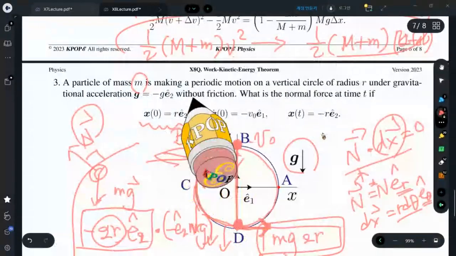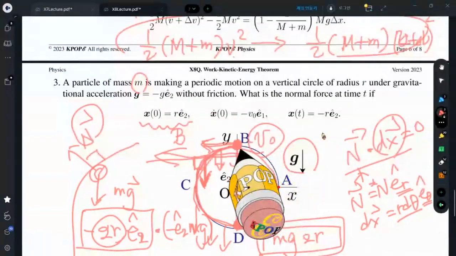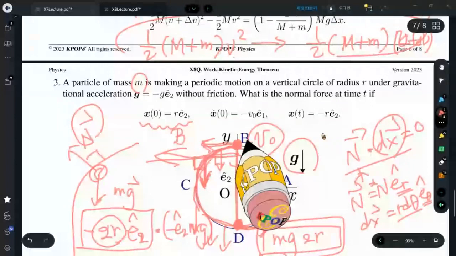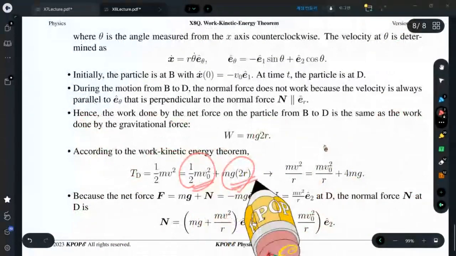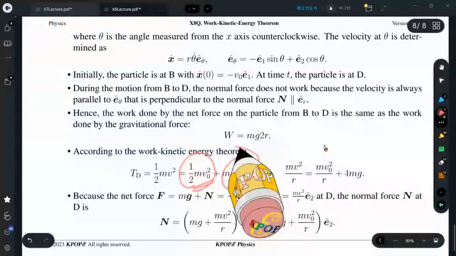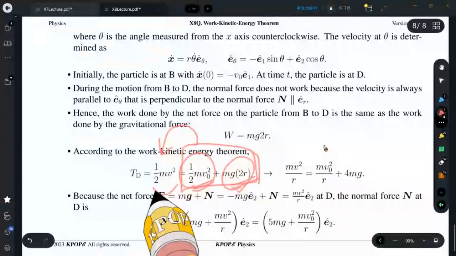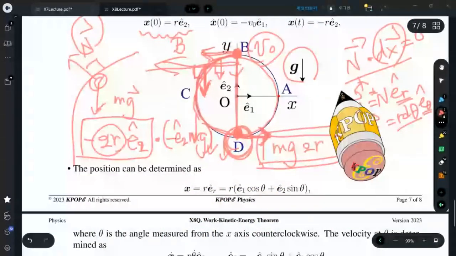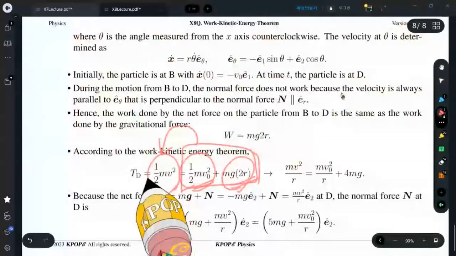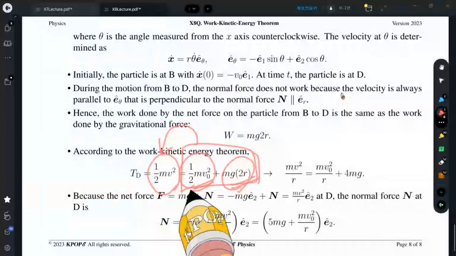Your original kinetic energy is from the speed of this particle at the initial position B, which was v0. With the work done by the gravitational force added, finally you arrive at point D with the final kinetic energy. Okay? This is based on the work-kinetic energy theorem.